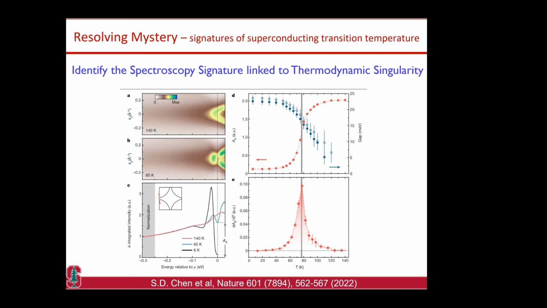Let me just emphasize again, what is plotted here is the spectral intensity at the Fermi level, for visualization. Here he's plotting a few spectra in this way, and that is the quantity A0 being plotted here. And you can see that here is where the gap happens, and here is A0, and the global superconductivity shows a singularity in the quantity A0.